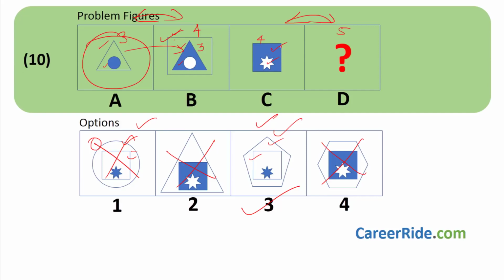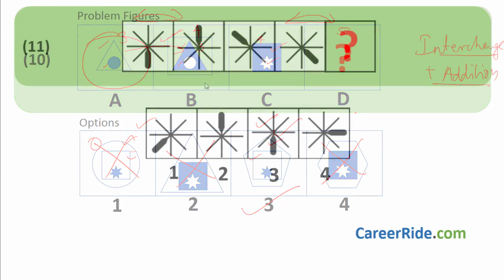Same way over here, this square would be enclosed in a 5-sided figure, that is a pentagon. So this is the answer. This is an example of interchange plus addition. We'll see what exactly addition is later on, but this is for your information. Okay, moving to the next question.